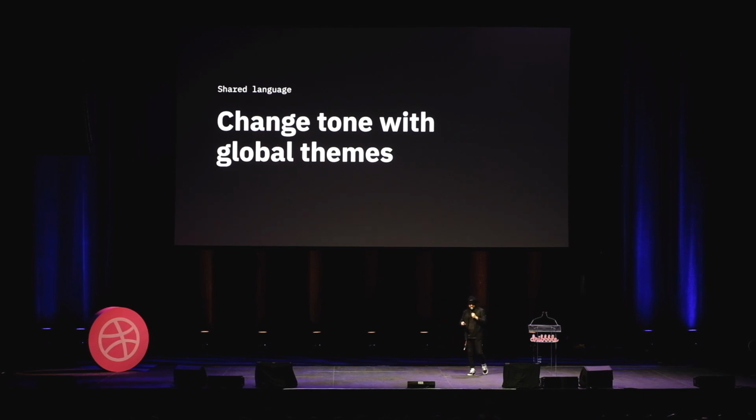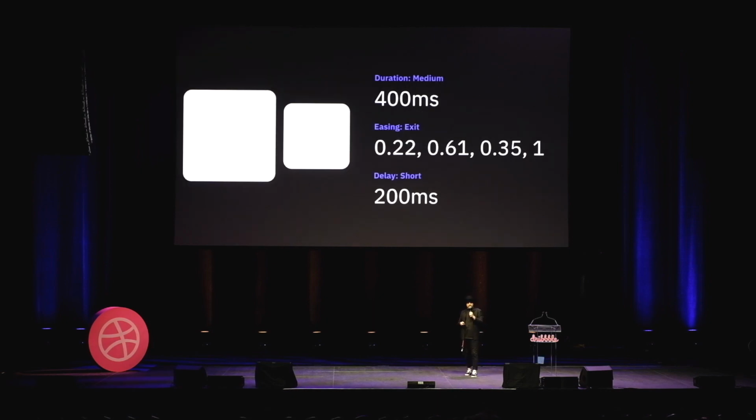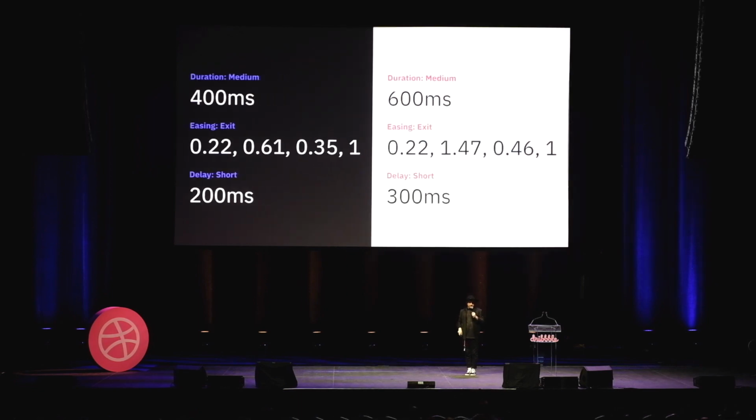And instead of having to take what we just did and recalculate all those values manually, and then re-explain all those values manually, and try to hard code them, we can say, hey, at the global theme level, what we have on the left here, that was productive use. It was quick, snappy, non-distracting.